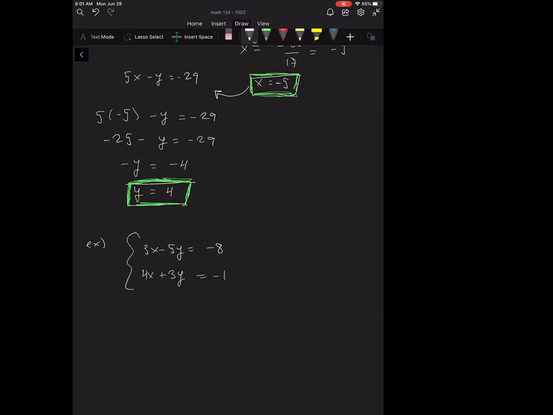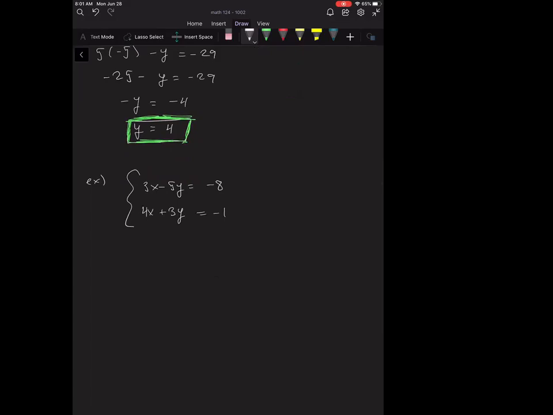In this one, we can't really do substitution that easily like we were able to do in the last problem, where we could easily solve for a variable.